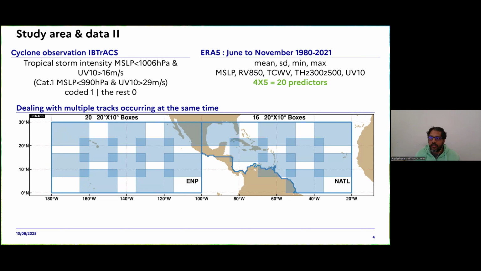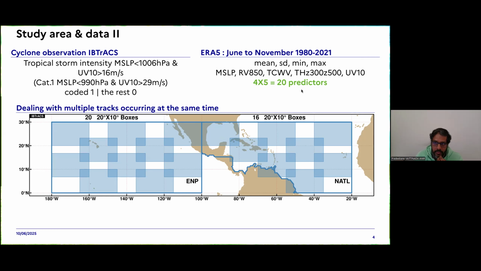Within each box, instead of considering the whole data field, and only working over the tropical cyclone season, June to November, I just take 4 statistics: mean, standard deviation, minimum, and maximum within one box of the 5 physical variables.